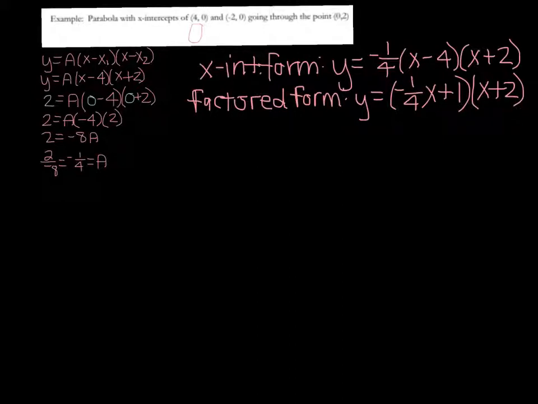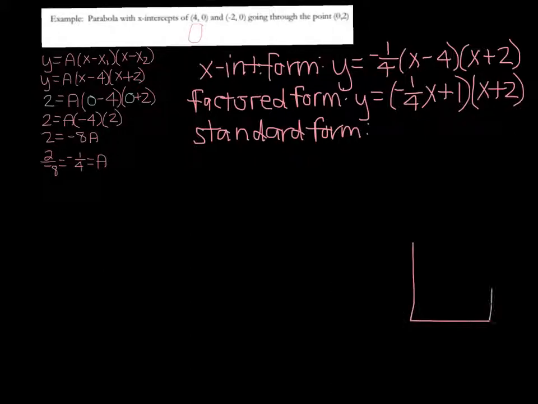To do standard form, I would do the area model. Let's see, I can just do it down here quickly. So I have negative 1/4 x, positive 1, and then I have an x and a 2.